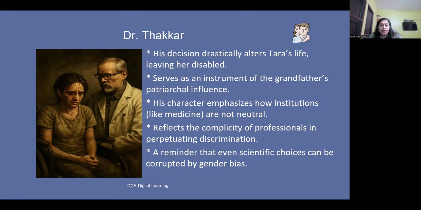So we can say that literally it is he who is instrumental for Tara's fate. He serves as an instrument of the grandfather's patriarchal influence. His character emphasizes how institutions like medicine are not neutral. Dr. Tucker reflects the complicity of professionals in perpetuating discrimination. So, all in all, Dr. Tucker is a reminder that even scientific choices can be corrupted by gender bias.